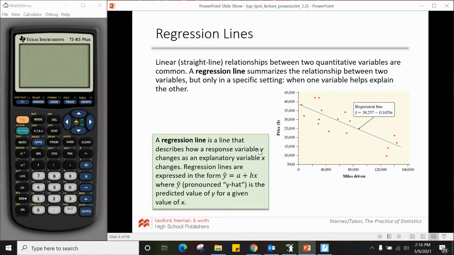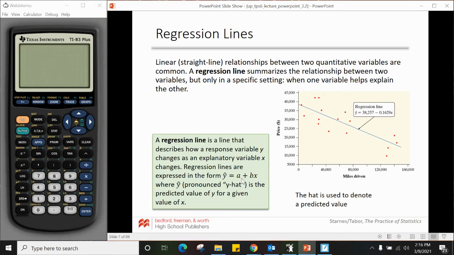So the regression line is a line that describes how a response variable, or y, changes as the explanatory variable x changes. All right. Regression lines are in the form y hat equals a plus b x. And the y hat is a predicted value for y, given a value of x. So I'm going to plug in an x value, and I'm going to come up with an estimated or predicted y value.